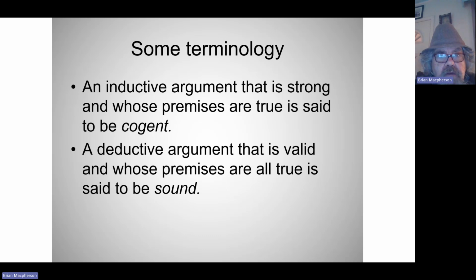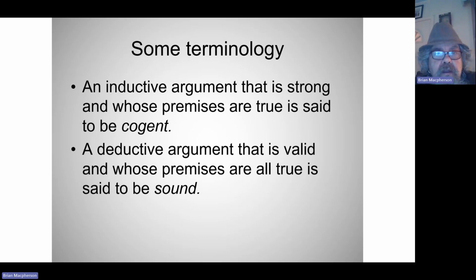Now, a deductive argument that is valid and whose premises are all true is said to be sound. Remember that a deductive argument is valid if it is impossible for the premises to be true and the conclusion false. If you have an argument like that and all of its premises are true, then we call that argument sound. So four categories then.